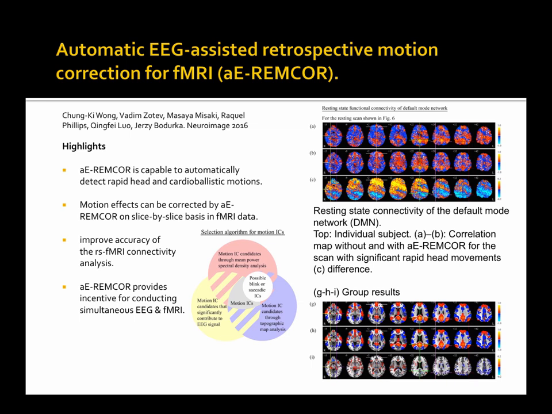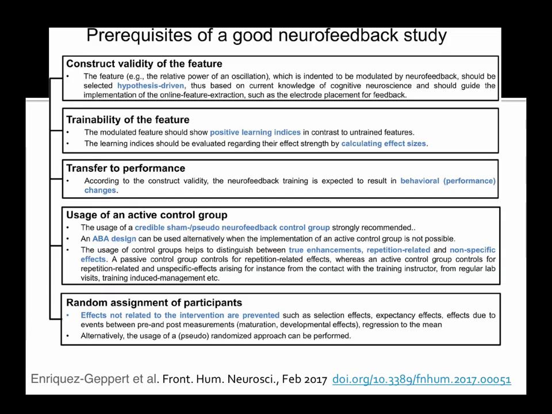This is on the side, right? You can get some extra information from the fMRI and EEG and improve your data. And if you can improve your fMRI data, you may be able to do better neurofeedback as well, right? So all these signals are informing each other.